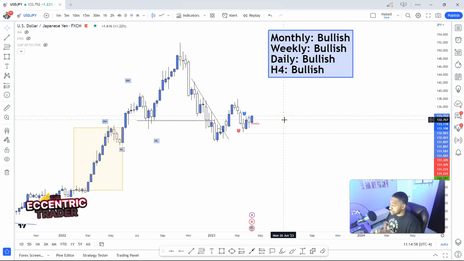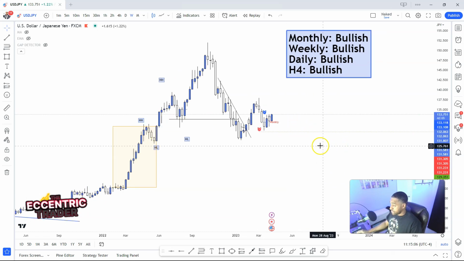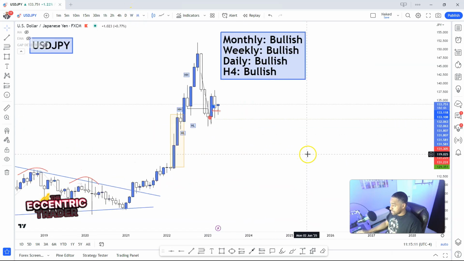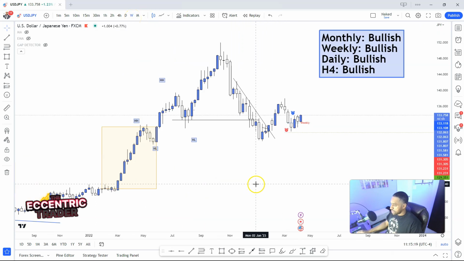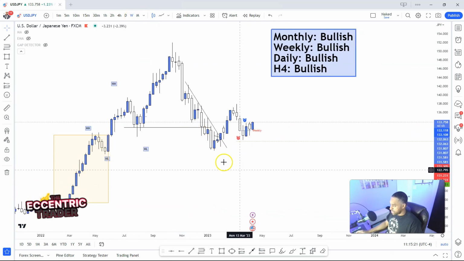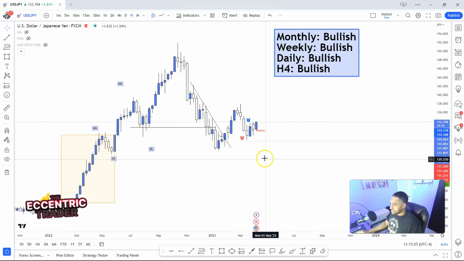But yeah, so as far as overall structure for the weekly, it's still bullish. Like I said, this is a test on a higher time frame. It's just a test on the monthly time frame, right? So noise, fluff, whatever you want to call it, but just be aware of it, because awareness is key.